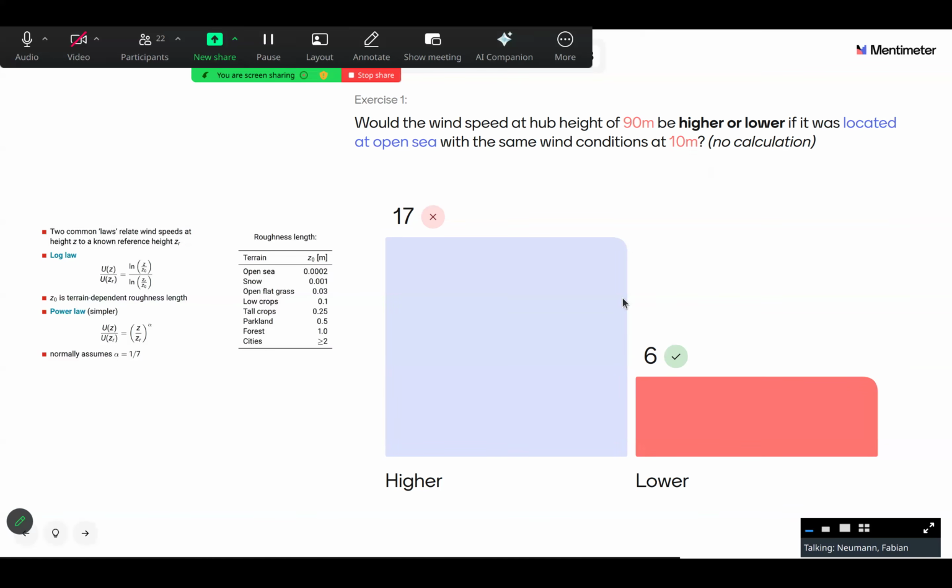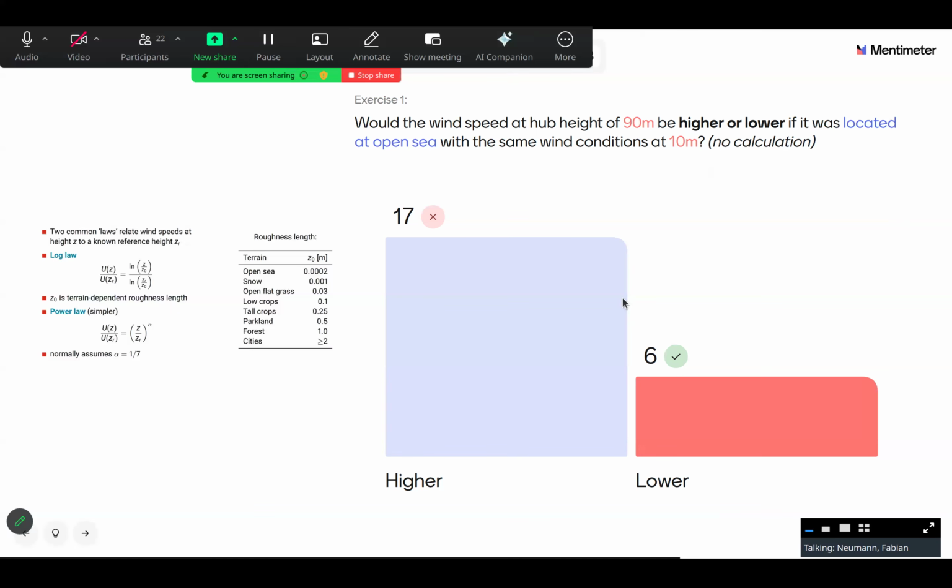So the difference between hub height and ground height will be bigger for low cropland, because the braking effect is bigger.